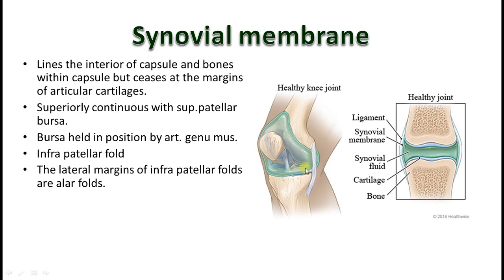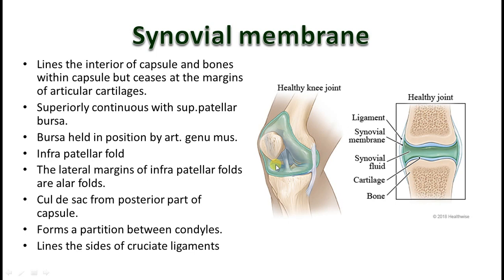So like a wing from the infrapatellar fold, like a semilunar space in this joint cavity, laterally it extends as the alar fold. What extends? The infrapatellar fold. The infrapatellar fold represents the anterior intercondylar septum. The posterior intercondylar septum is now represented by the cruciate ligaments, and naturally there is a foramen between the anterior and the posterior part, the intercondylar foramen.